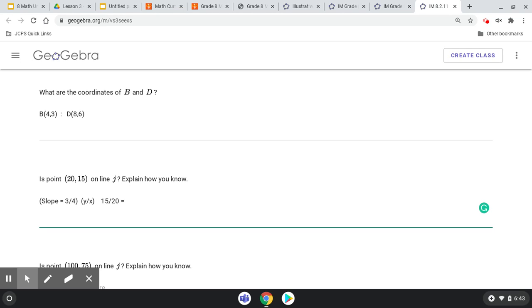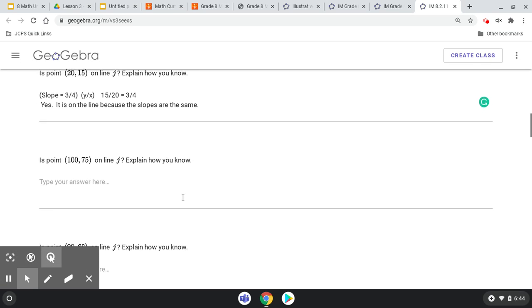If we divided both numbers by 5, you would get 3 over 4. Now, another option is you could take a calculator and go 15 divided by 20, which equals 0.75, and then 3 divided by 4, which also equals 0.75. So because of this, I'm going to put that my answer is yes, it is on the line because the slopes are the same.